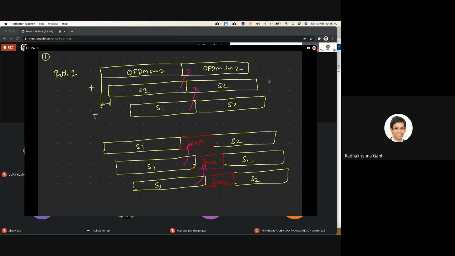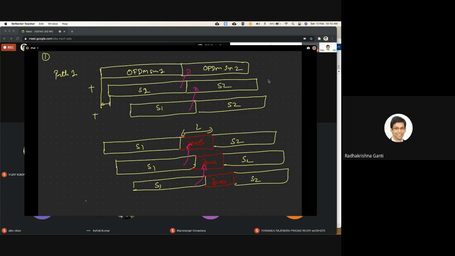So at least one thing we require for sure to handle multipath is something between OFDM symbol 1 and OFDM symbol 2, either zeros or something else. Let's take zeros. What should be the length of this? Maximum delay of the multipath? Yes.